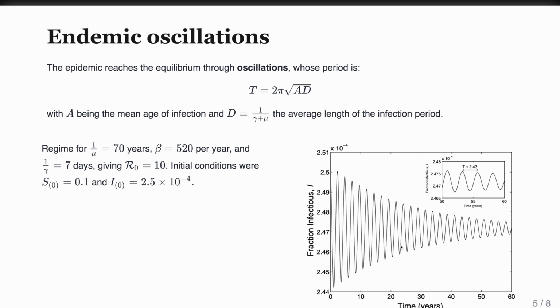And this is due to the fact that when you introduce the pathogen, most of the population get infected very fast, but then the number of susceptible is not enough to sustain the infection, and so we have the prevalence that goes down very fast.